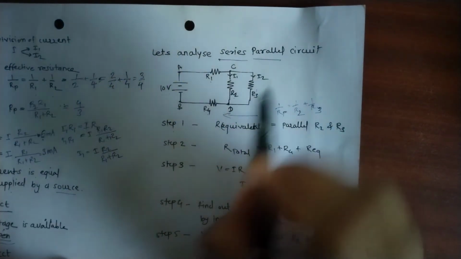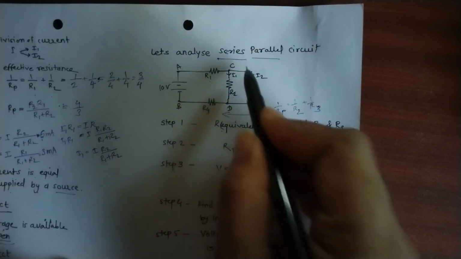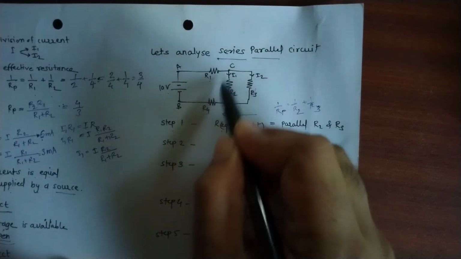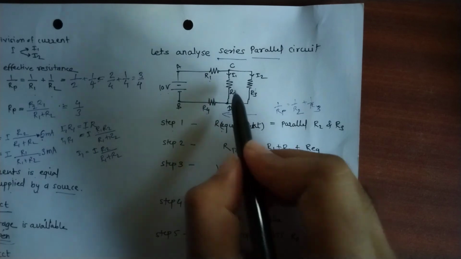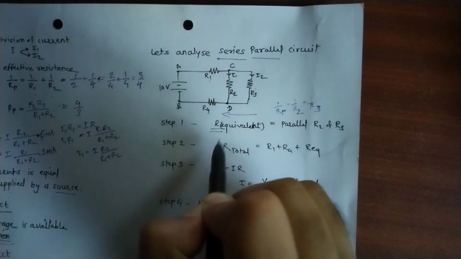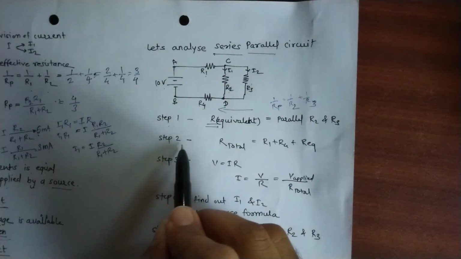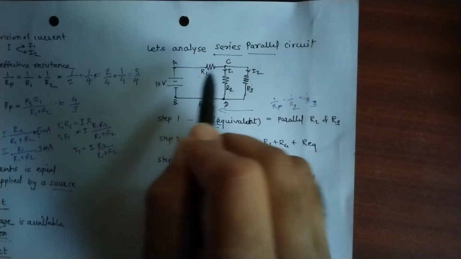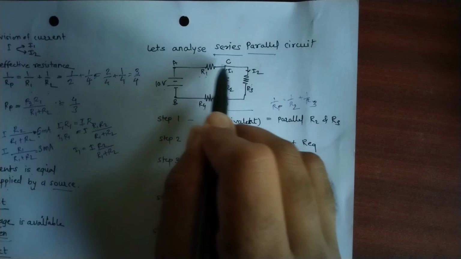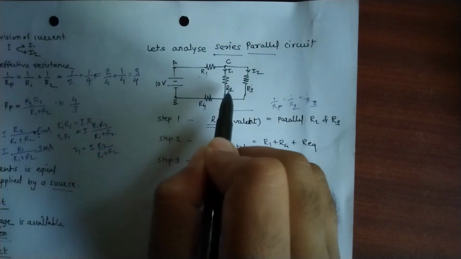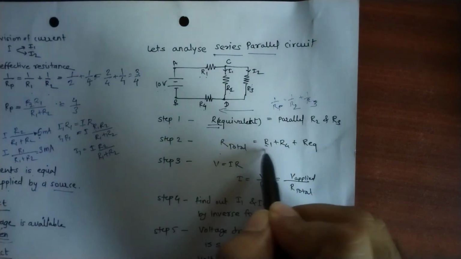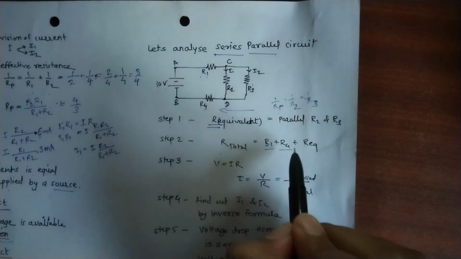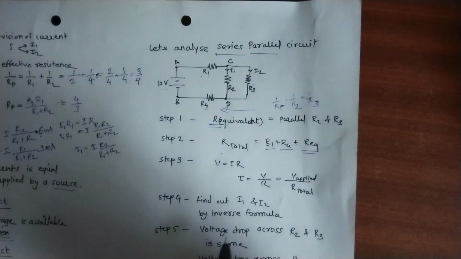We can easily find the equivalent resistance, and then this will be replaced by one value of R equivalent. So what is the total R in the circuit? R equivalent will be in series with R1 and R4, so R total is R1 plus R4 plus R equivalent, right?